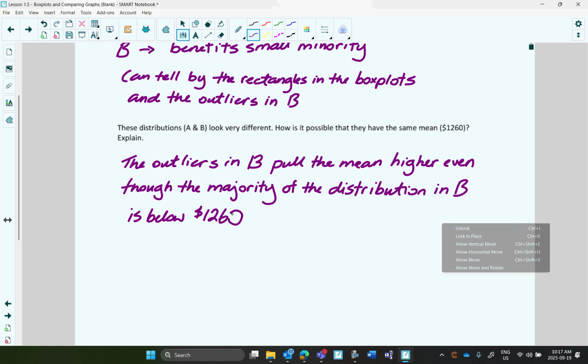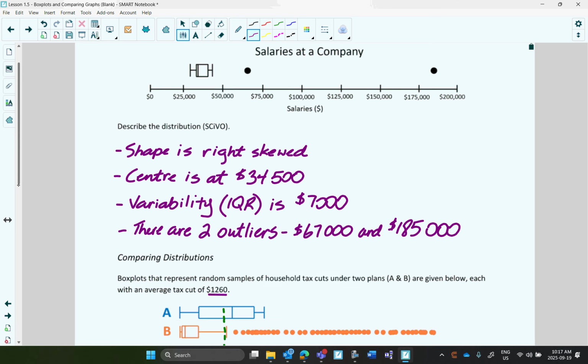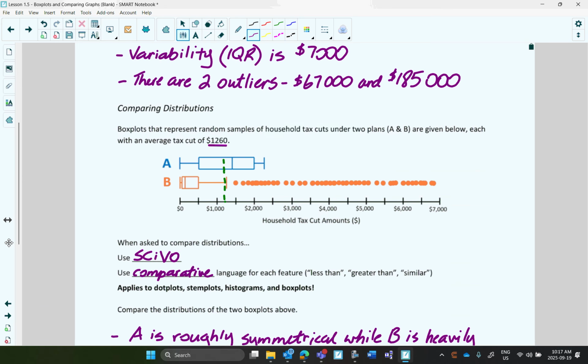Because if you look at that box plot, where 1260 is and where I drew the green dashed line, a huge chunk of the distribution is below. Just really the outliers are above.